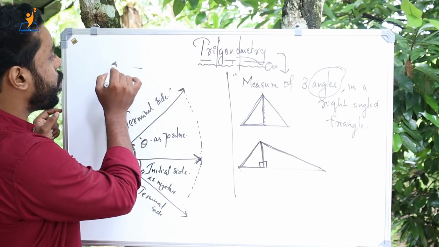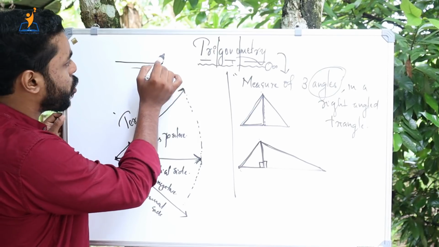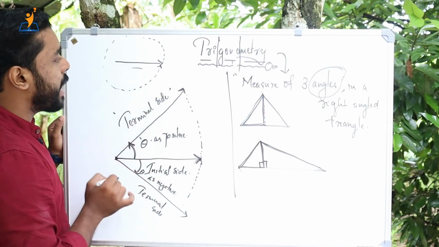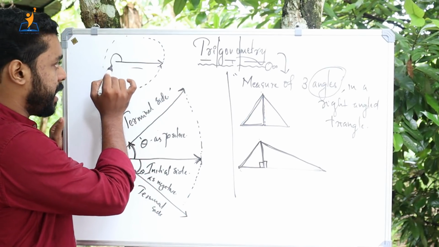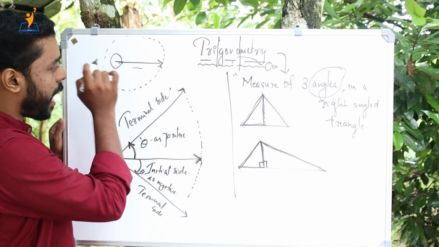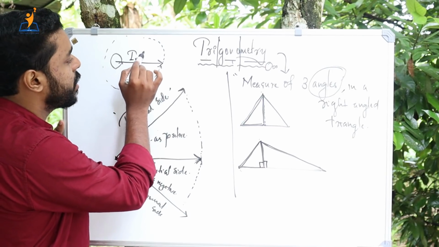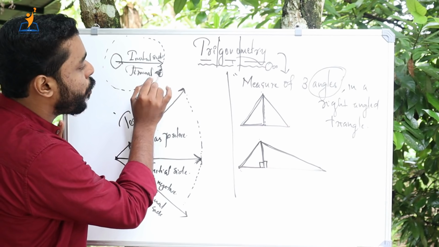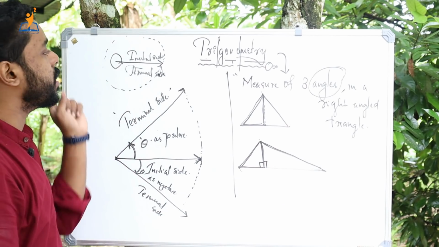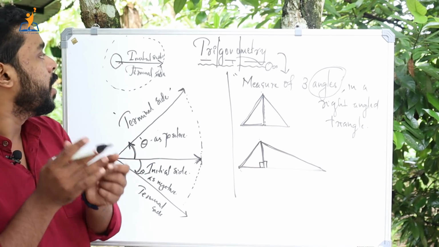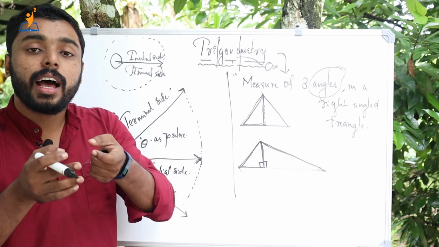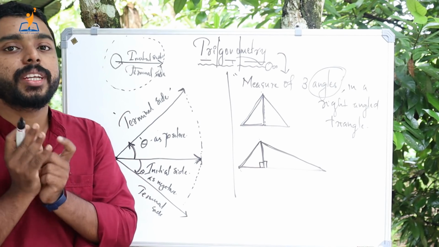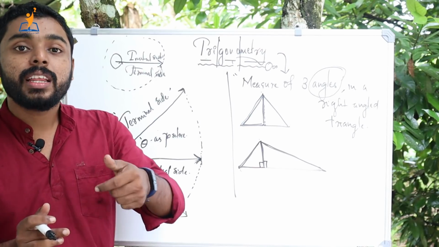Also remember that suppose I have a ray like this and I am rotating it all the way around such that the ray reaches back to the original position, then we can say that the initial side and the terminal side coincide. So for a ray, if it has completed a complete revolution to reach back to the initial side, then the initial side and terminal side coincide.